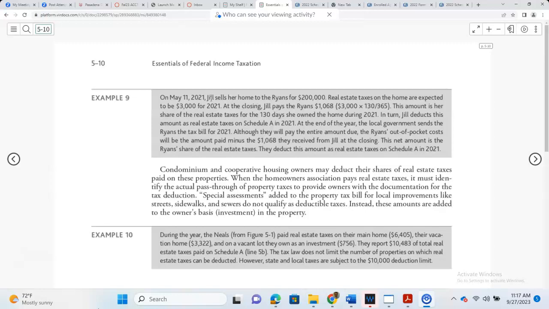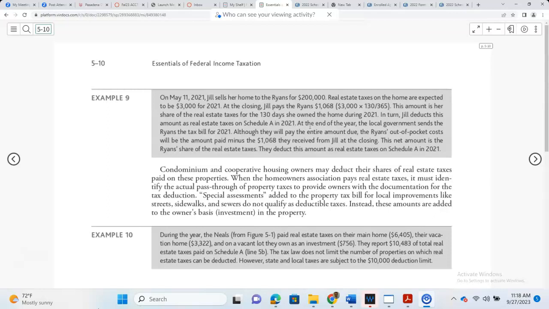So Jill sells. Jill is the seller, okay? At the closing, Jill pays Ryan $1,068, which is 130 days out of 365 because it's sold in May. This amount is her share of real estate taxes for the 130 days she owned the home during 2021. In turn, Jill deducts this amount as real estate taxes on Schedule A in 2021.